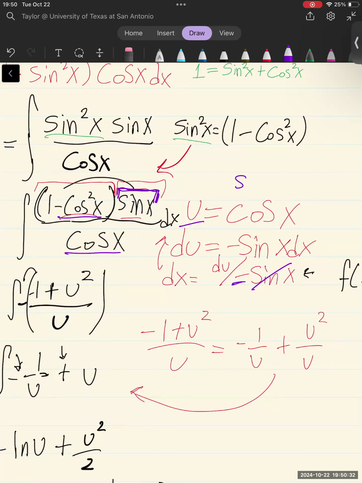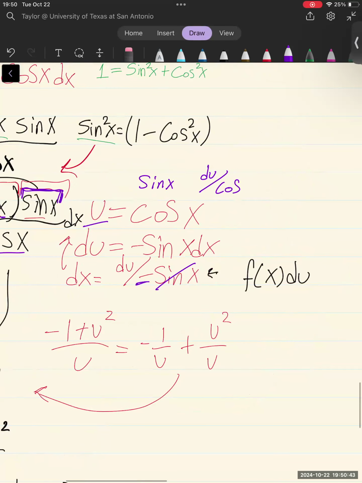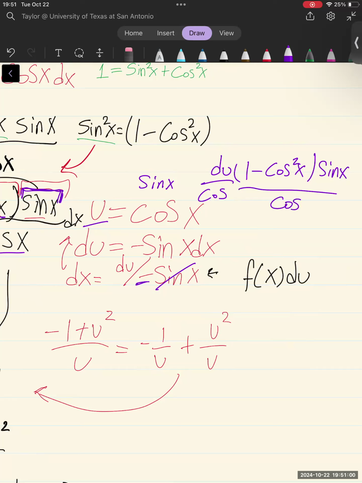Also, if we use sine in this example, my dx term would end up being du over cosine, and this would be du over cosine times 1 minus cosine squared x, sine x over cosine x.